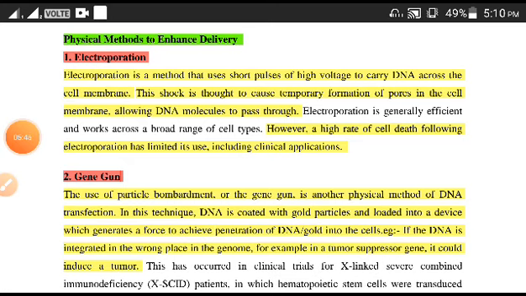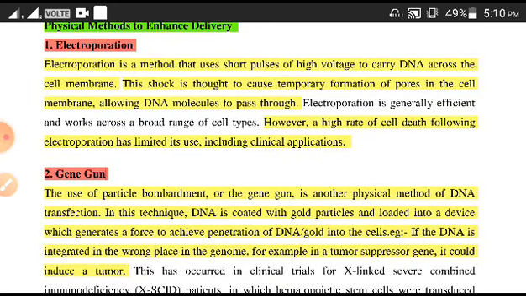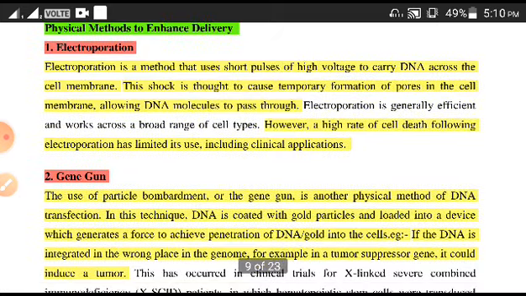Now we'll see the first method or technology used for this, called the physical method to enhance delivery. Under this we have a method called electroporation. Electroporation is a method that uses short pulses of high voltage to carry DNA across the cell membrane.